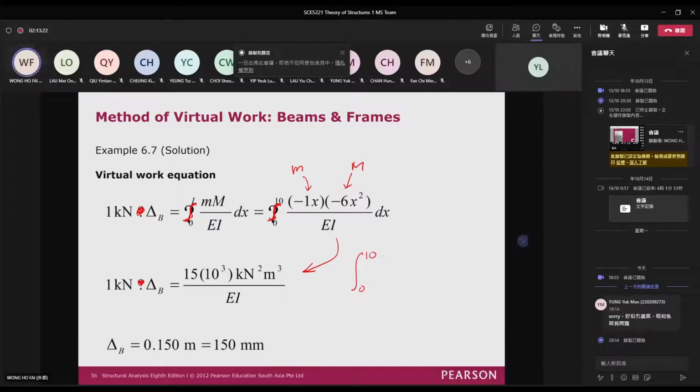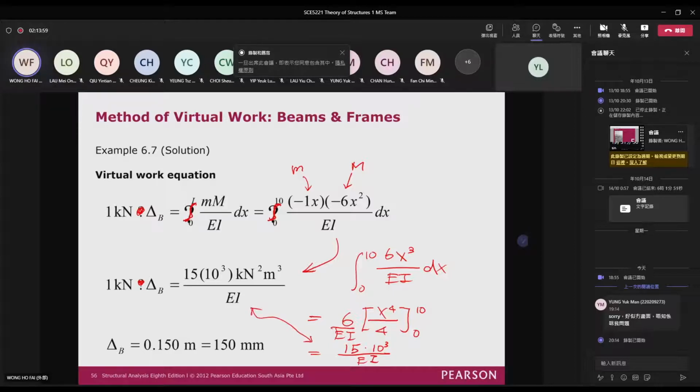And then this is 6x cubed over EI, times dx. Then you know that this is 6 x to the 4 divided by 4, from 10 to the power 0. So this is 15 times 10 to the power 3 divided by EI. So actually this is the answer.